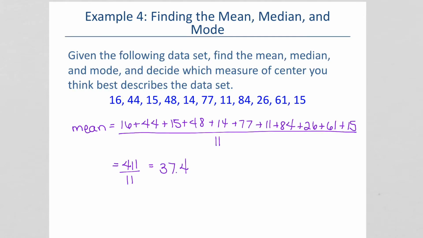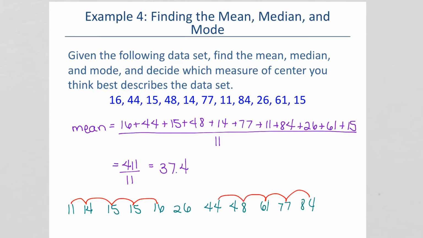Okay, so here's the order. I'm just going to tell you for time's sake. Okay? And there's an even number of them. So, let's see. 1, 2, 3, 4, 1, 2, 3, 4, 5.